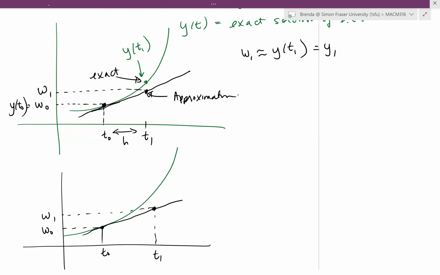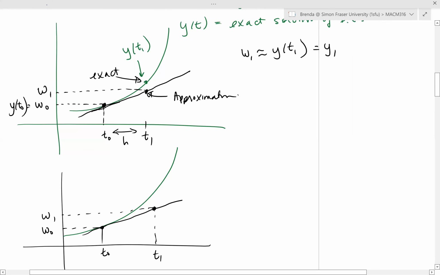What do we know? Well, right here is y at T1. We don't know this. But what do we know at T1? We do know the derivative, right?